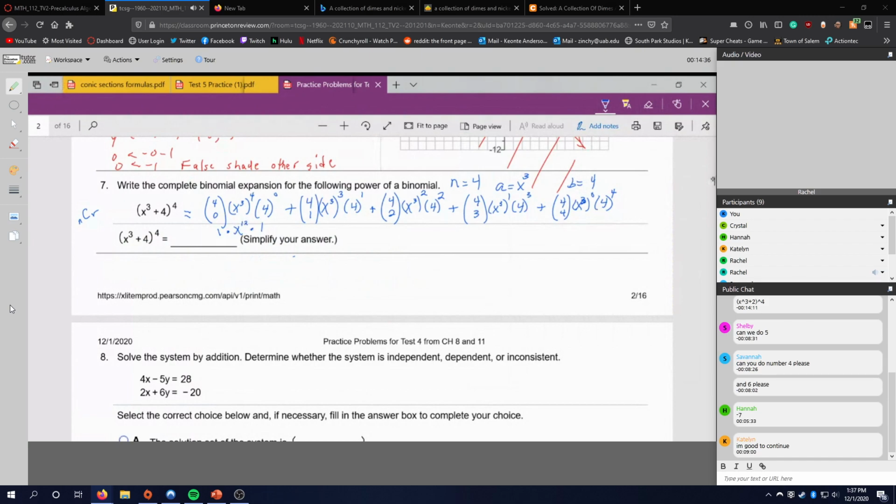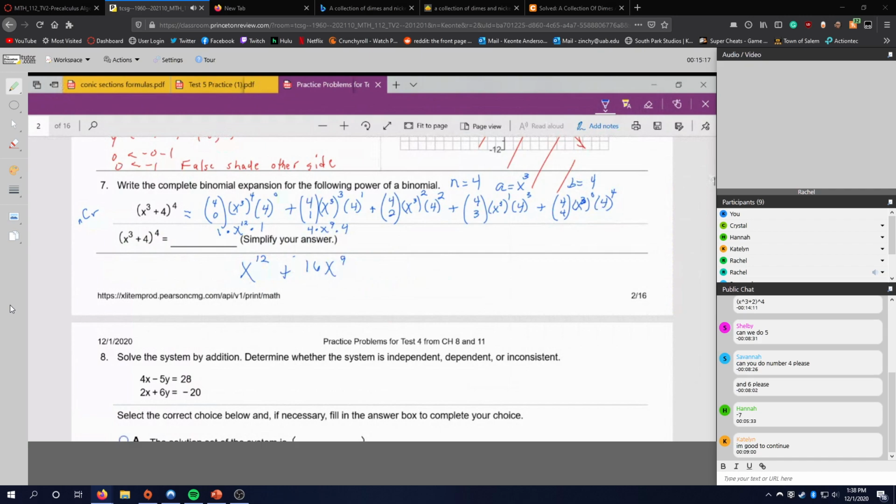So that first term is just x to the 12th. All right, 4 combination 1, you can do that on your calculator. Hopefully you have a calculator or you can use that formula for figuring out the combination. So 4 combination 1 is actually 4 times x to the 9th times 4. That's 4 to the first. I'm just simplifying now. So that's going to be 4 times 4 is 16 x to the 9th.